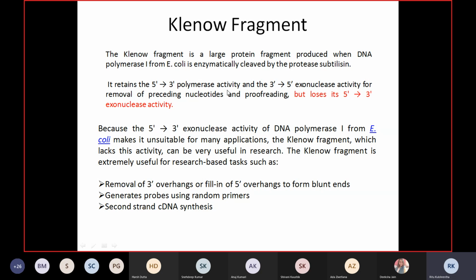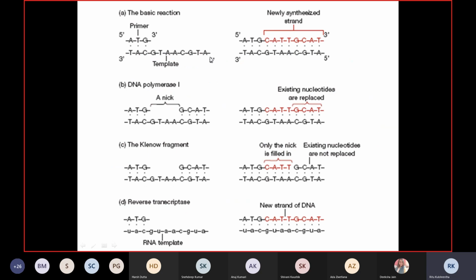Because it has 3' to 5' exonuclease activity, it can remove the 3' overhangs if they are present in a DNA molecule. See, this is a 5' overhang and recessed 3' ends. So for these staggered DNA, it can make it blunt by filling in.